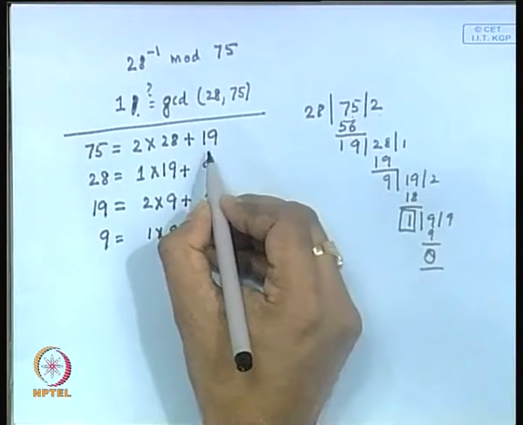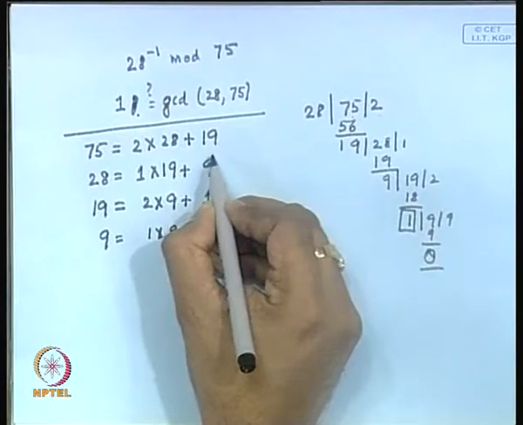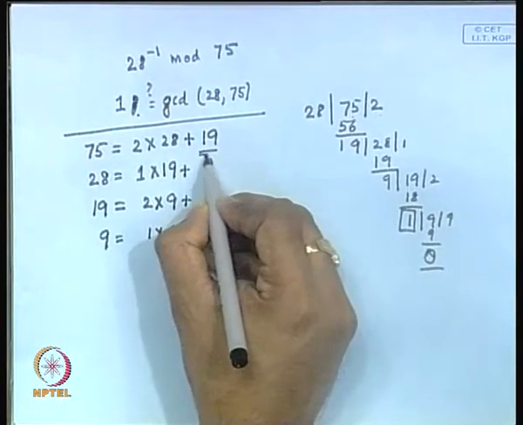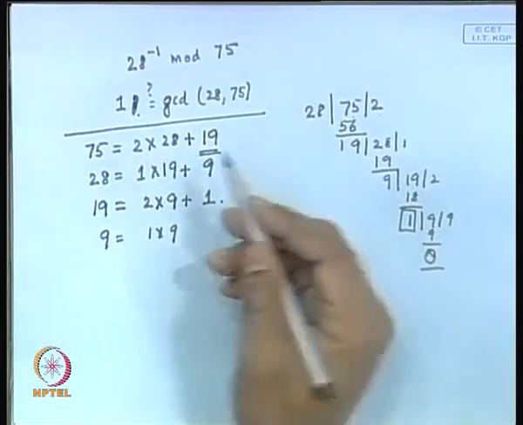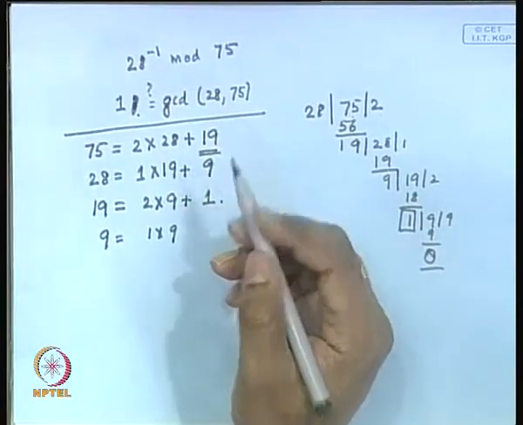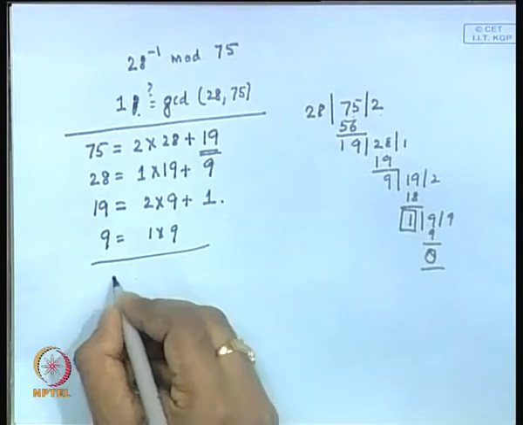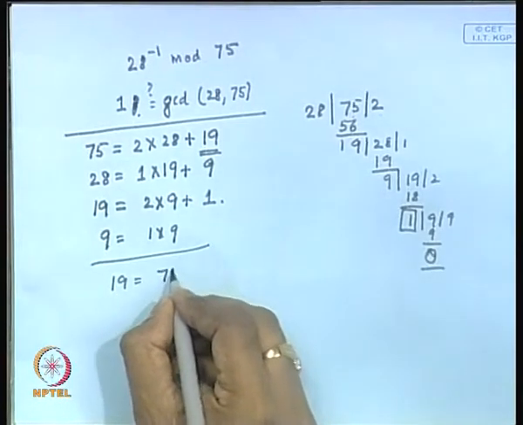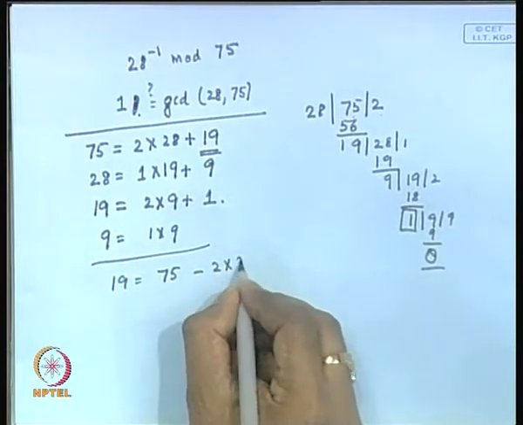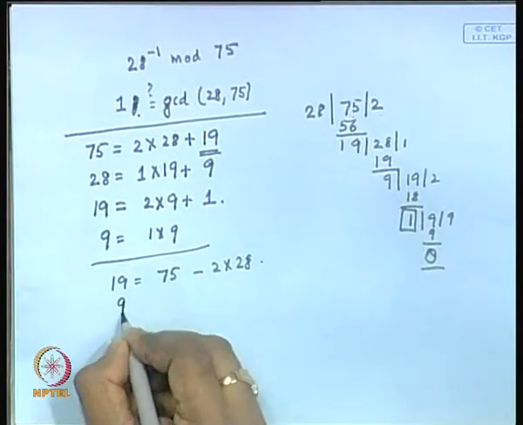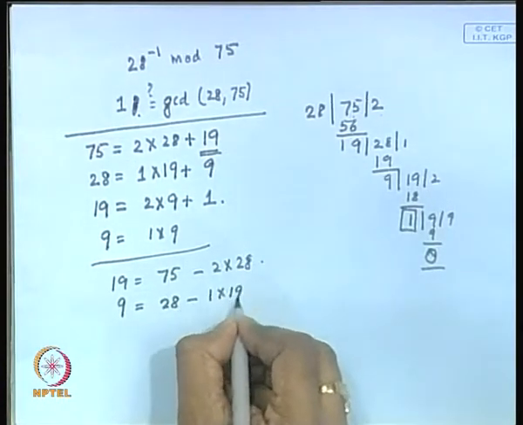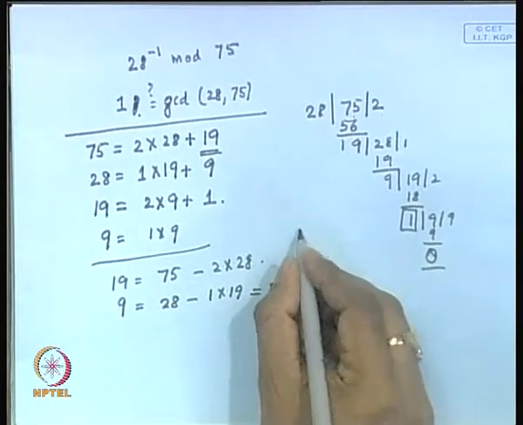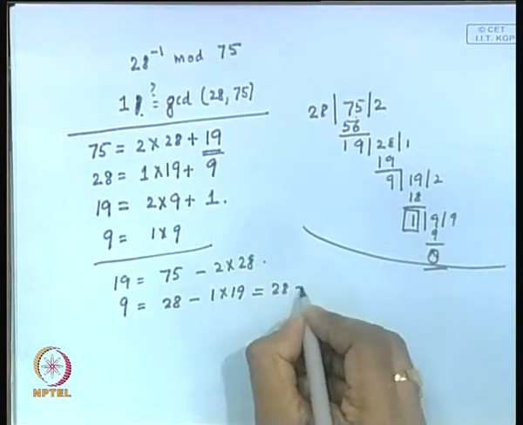you will see that each of these remainders, that is whatever you are getting as a remainder, can be expressed as a linear combination of the elements 28 and 75. Okay. See, for example, 19 is equal to 75 minus 2 into 28. So, what about 9? 9 is actually 28 minus 1 into 19, okay, but I know how to express 19, right.